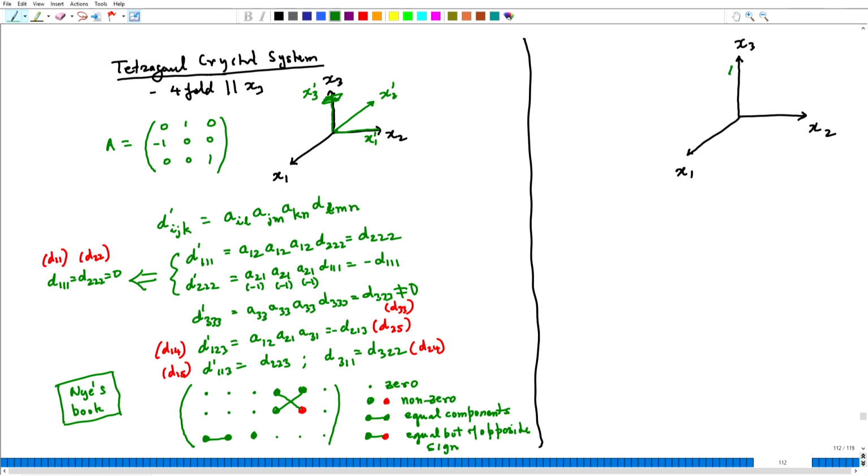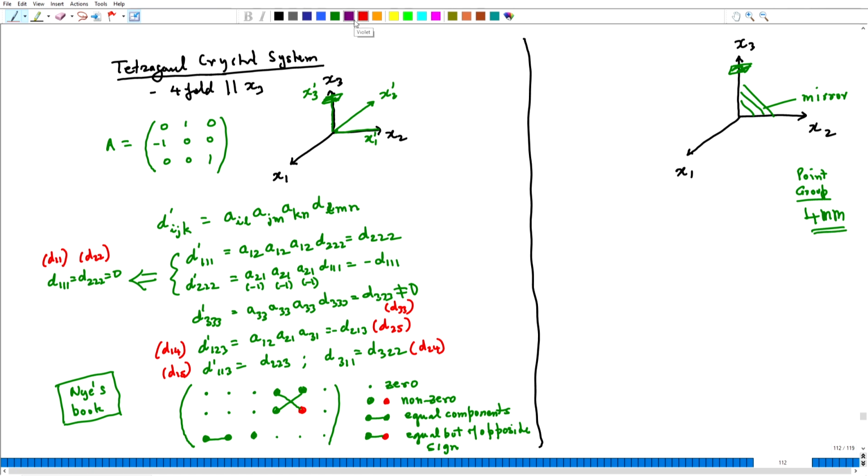So, I have a four-fold rotation axis here. At the same time, the x2, x3 plane is a mirror plane. If I add a mirror like this, the point group that I will get would be 4 mm.